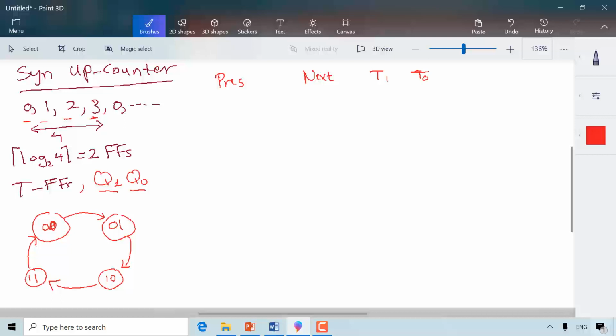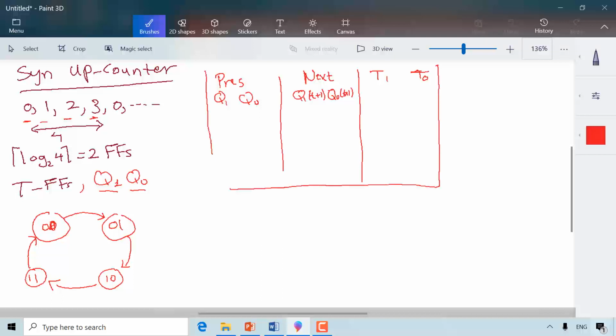Present state Q1, Q0, next state of Q1 at t plus 1, and Q0 at t plus 1, and these are the inputs. Okay, so let's do those now.